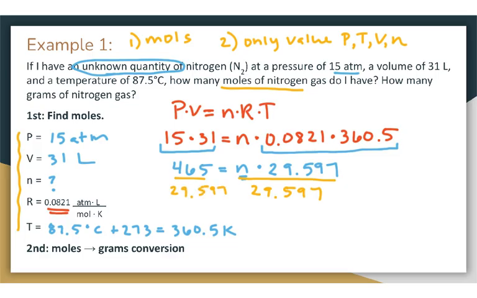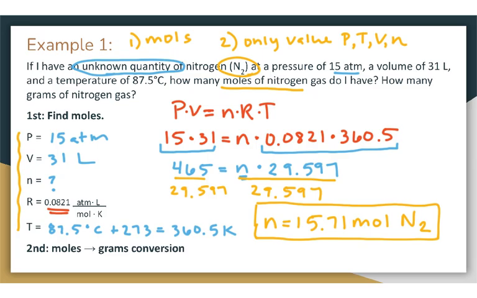And when I do that, 465 divided by 29.597, I can find that value of n. So n equals 15.71 moles of nitrogen gas, N2, that was given to us up here. Nitrogen is diatomic, and that's going to come into play in the second question that's asked. And I just rounded to 2 decimal places like we have in the past.